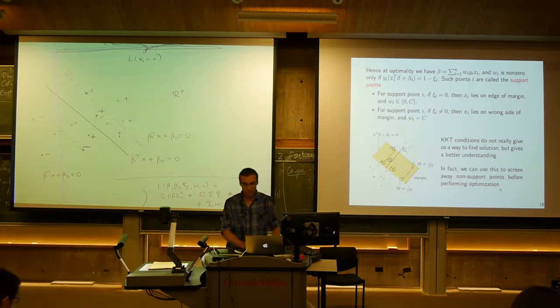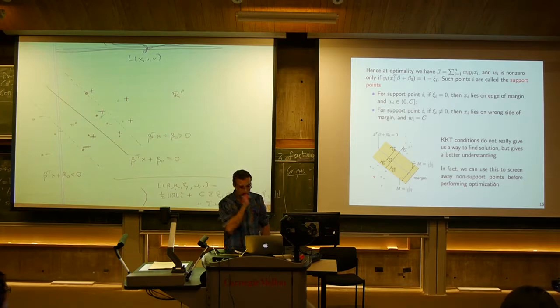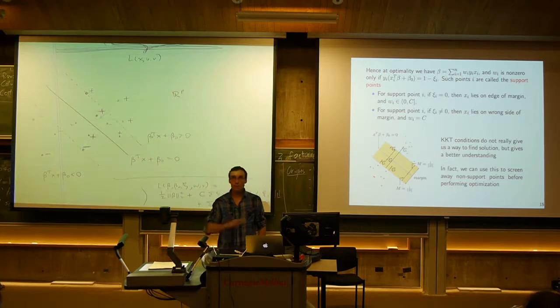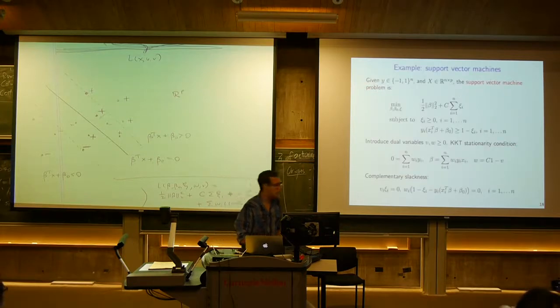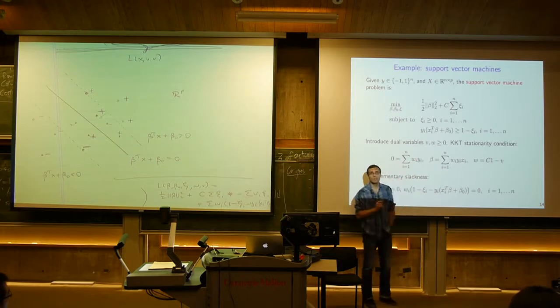And in fact, there's some very nice work in the last, let's say, 5 years, which uses the KKT conditions, arguments like this, to screen away points from your data set that you know are not going to be support points before you even solve the problem. If you had, let's say, 1 million data points and you wanted to classify into 2 classes, if 900,000 of them you knew were not going to be support points, then you wouldn't have to even include them in the SVM problem. Because if you knew that when you did include them, the dual variables would be 0, then you wouldn't want them in there in the first place.